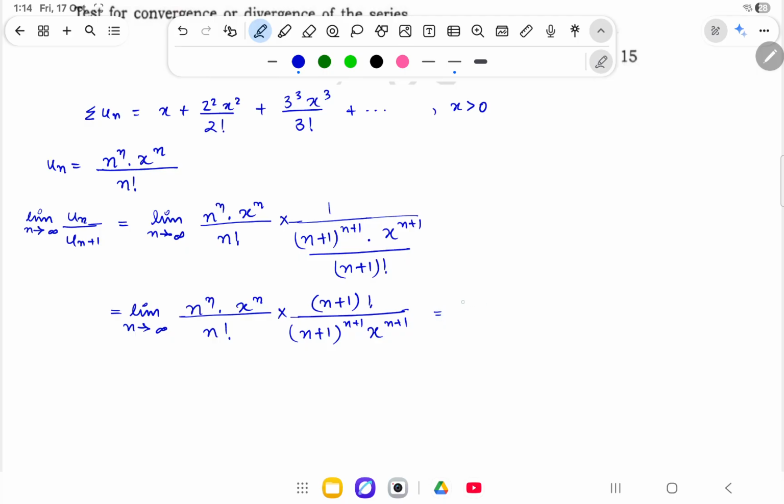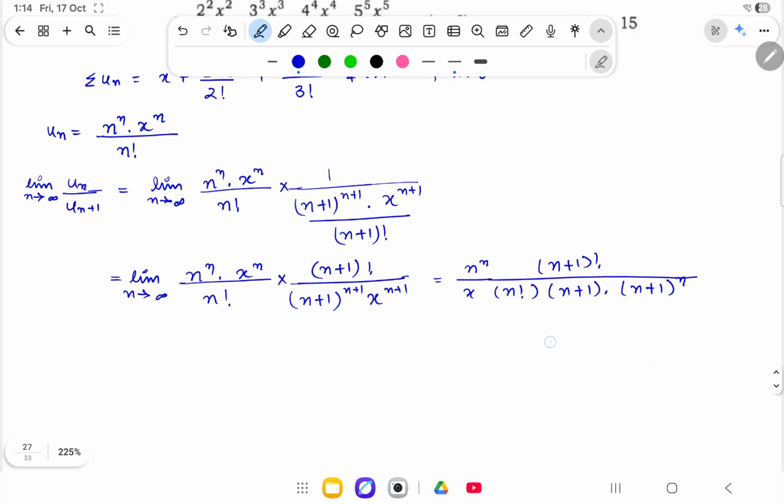we can write it like this, n raised n divided by x raised n. We can just balance out x raised n power from both numerator and denominator, times n factorial into n plus 1 times n plus 1 raised n, and in numerator we have n plus 1 factorial as well.